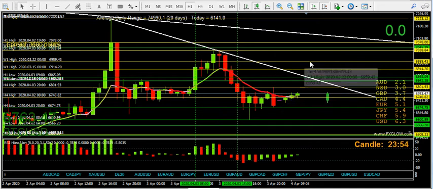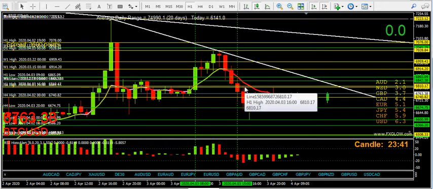So put a high on the high of that candle: high, low, lower high, lower low. Once this is broken and closed through, we can consider using the lower time frames to do exactly the same process.